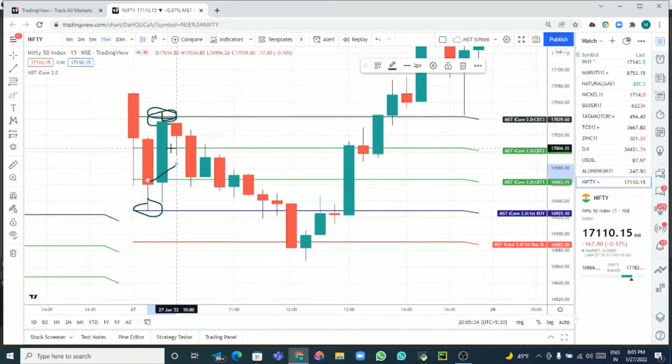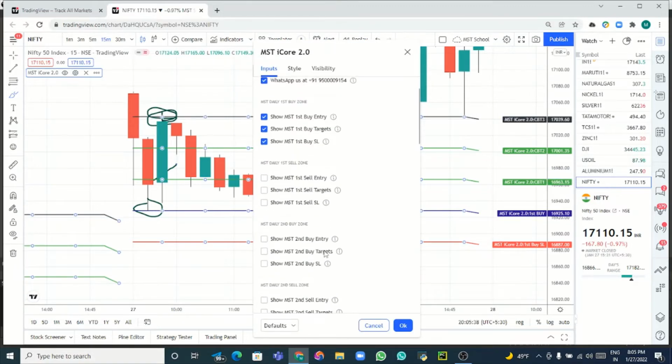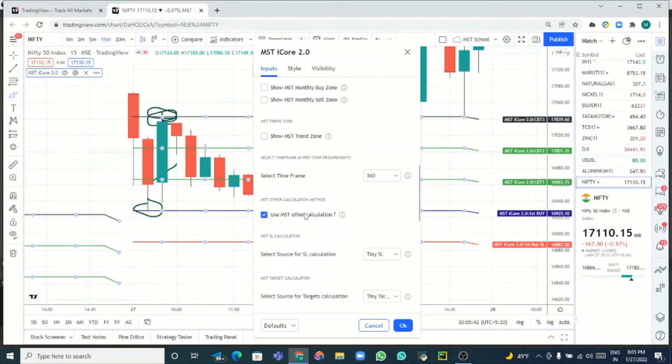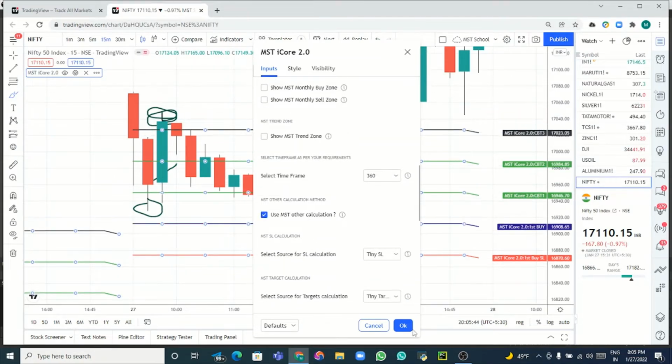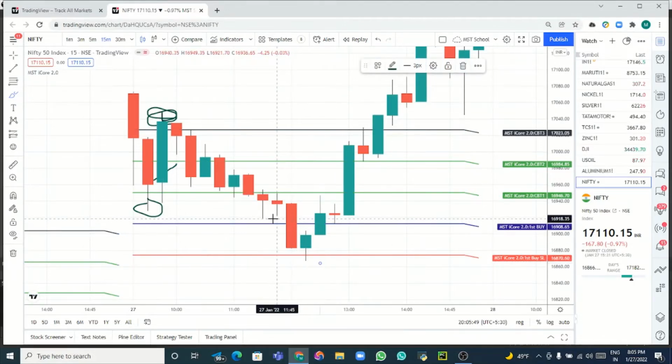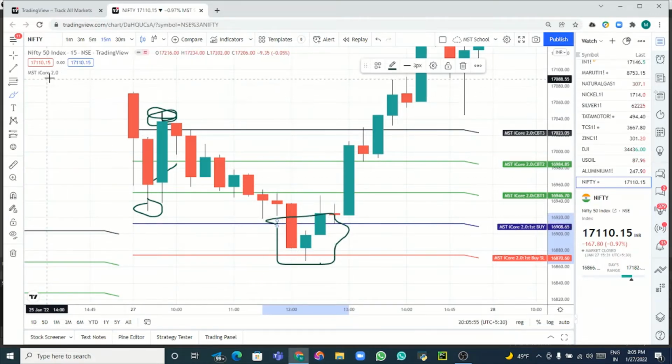The second phase: come to the settings and select MST other calculation. Here we have to consider this as the zone. See, we already got the profit.